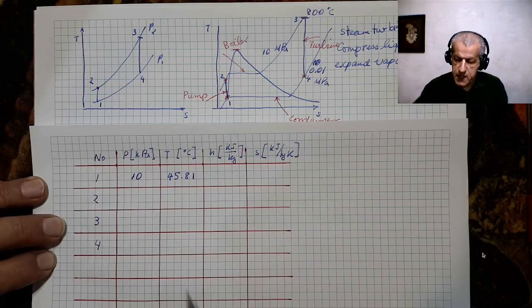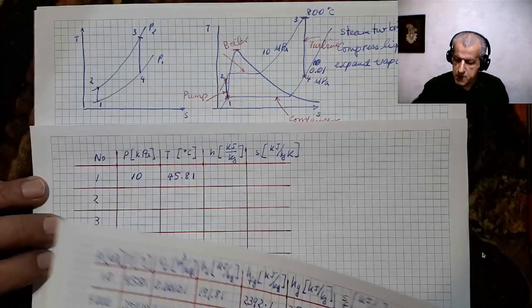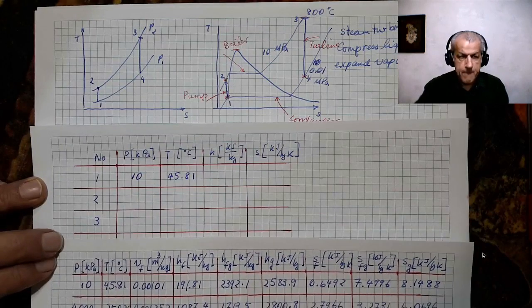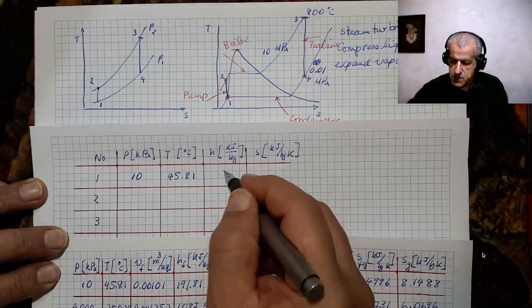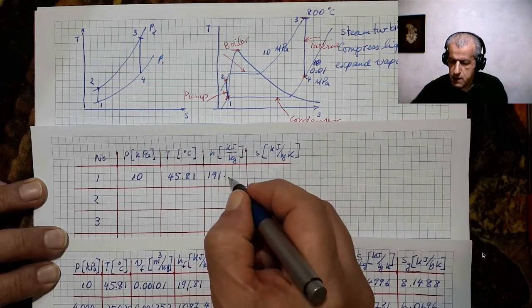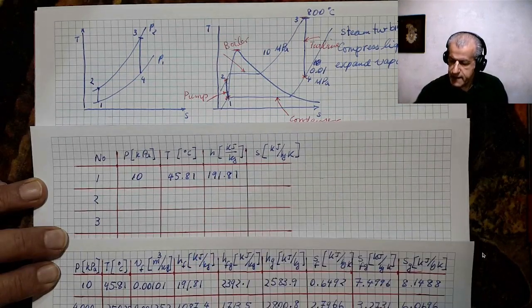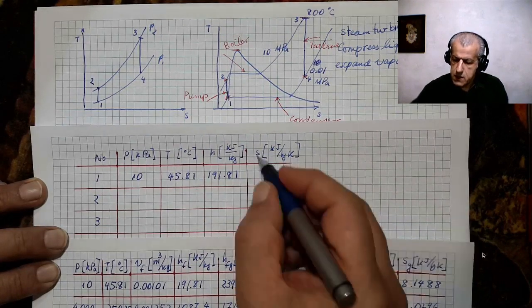We know that H is HF, which perhaps is good if I keep this underneath and you see where I'm taking my numbers from. H is 191.81 and S is 0.6492.